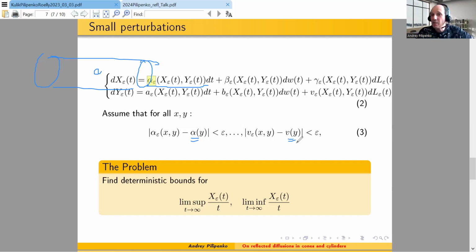Certainly, there is no law of large numbers for X epsilon of t over t. And I would like to find some deterministic bounds for the upper limit of X epsilon of t divided by t and the lower limit of X epsilon of t over t.